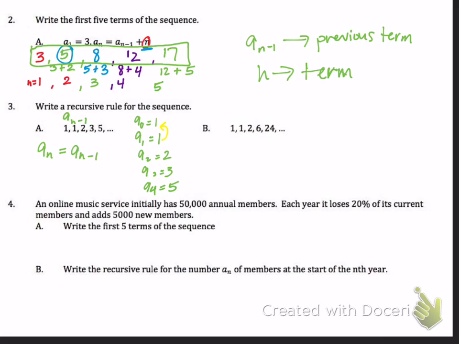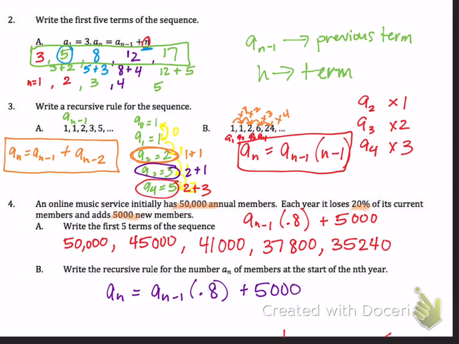So if I'm going from a0 to a1, it increased by 0. This one increased by 1. This one increased by 1, and this one increased by 2. So this one's a little bit harder to see. But if I take my, so if we look at, I think it went by very fast.